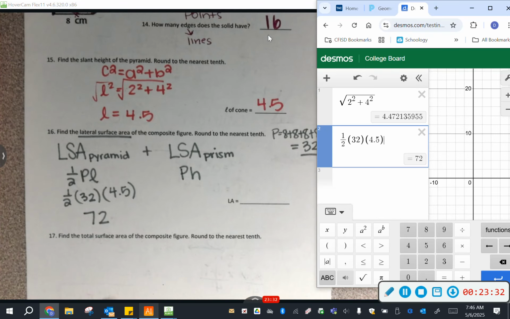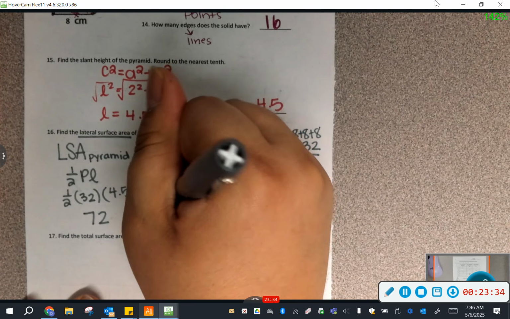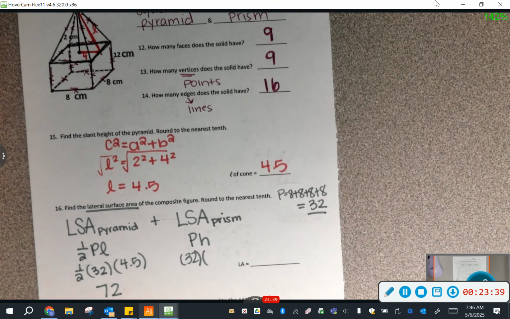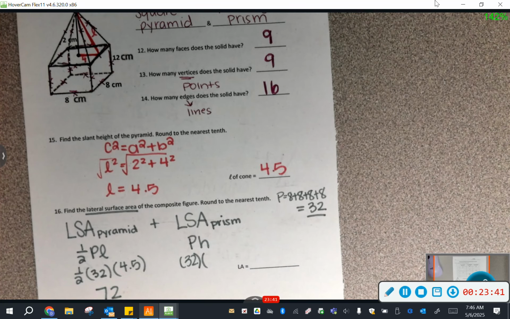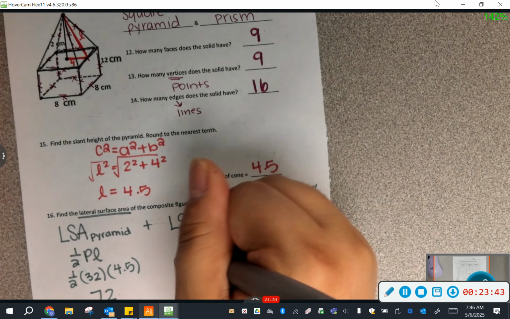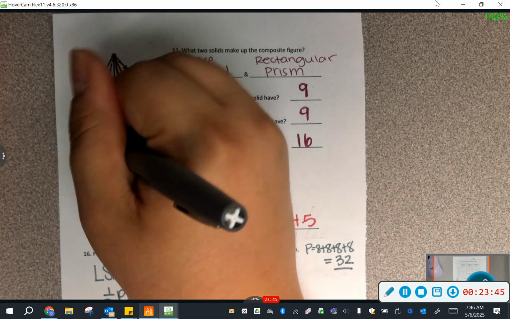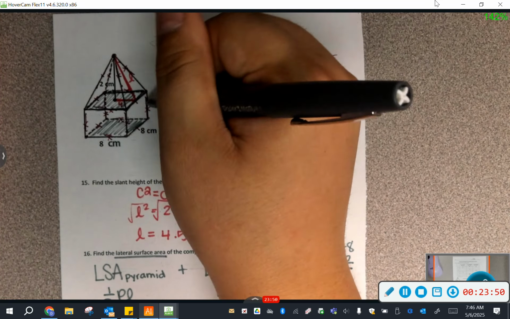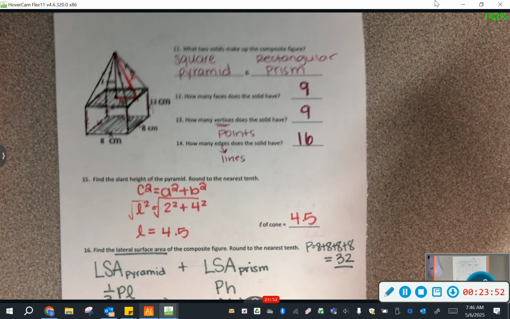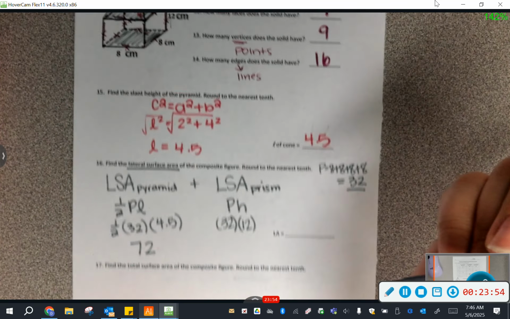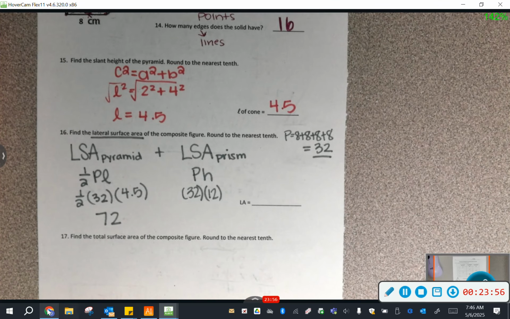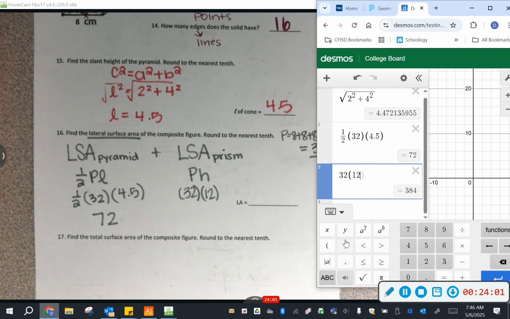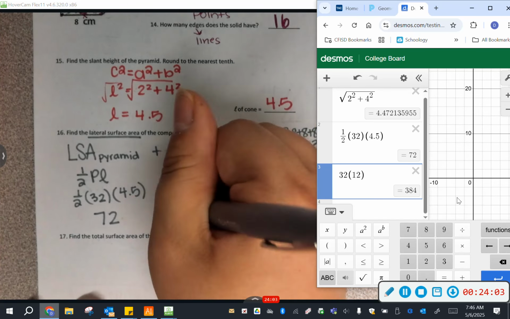Yeah, what was P? 32. What is the H? What is my height of my prism? How tall is the prism? 12. Because we're using this bottom as the base. Because those two are our bases, this is the actual height. And 32 times 12 is 384.